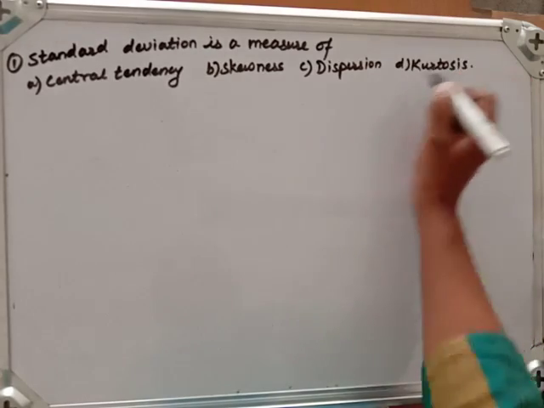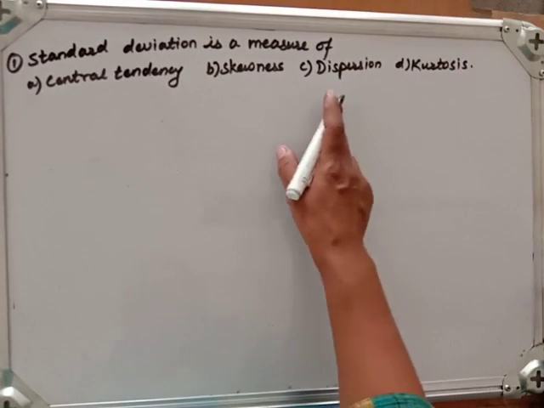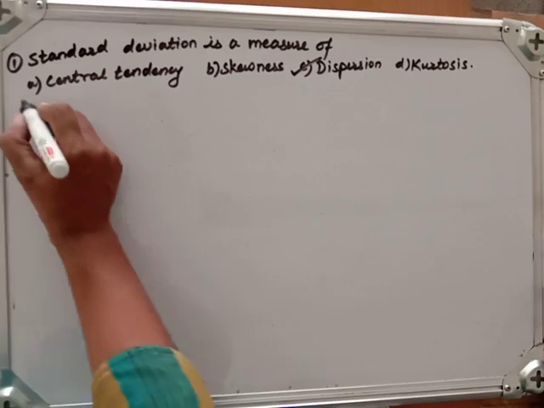So as we know, the standard deviation is the measure of what? The dispersion. So the right answer is dispersion.